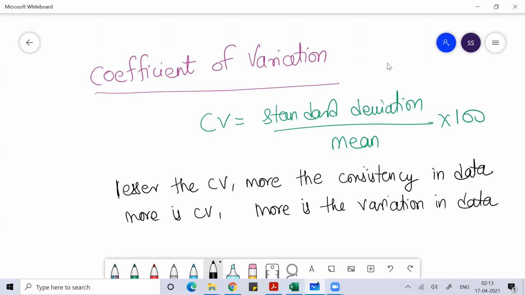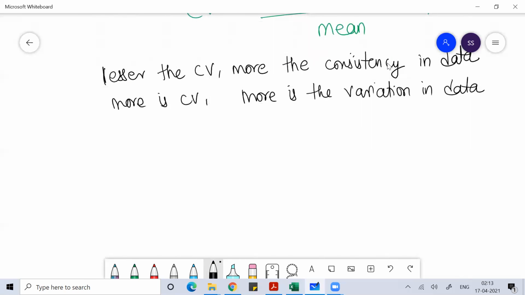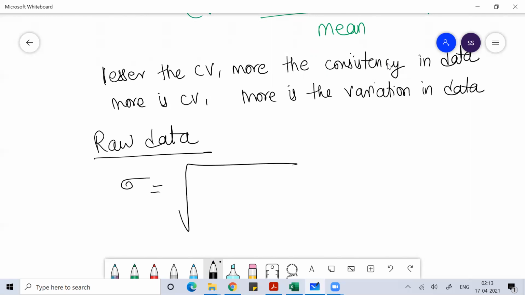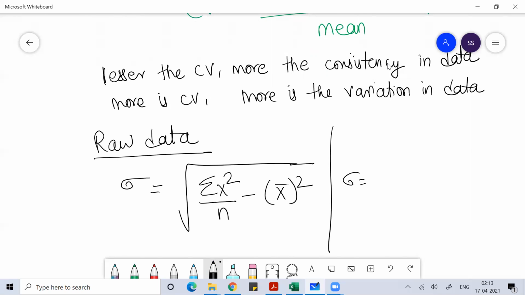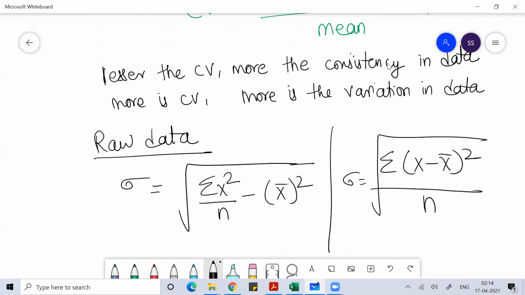Talking about standard deviation, if I give you raw data, you can calculate the standard deviation using the simple formula: square root of sum of x squared by n minus x bar squared. Or you can calculate it by the formula: under root of summation of x minus x bar whole squared by n.